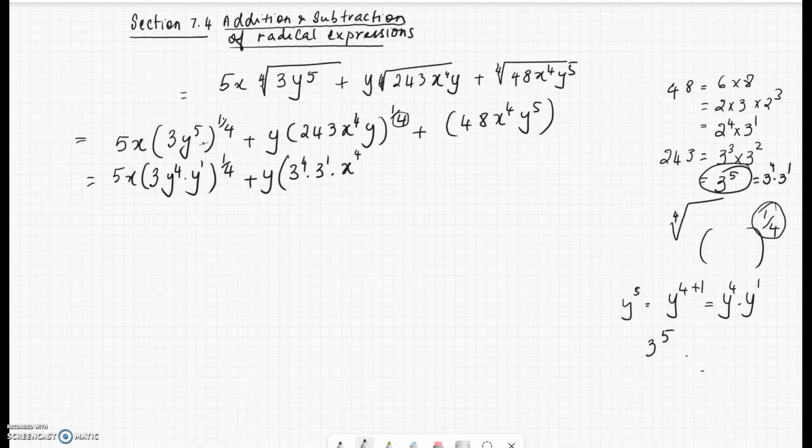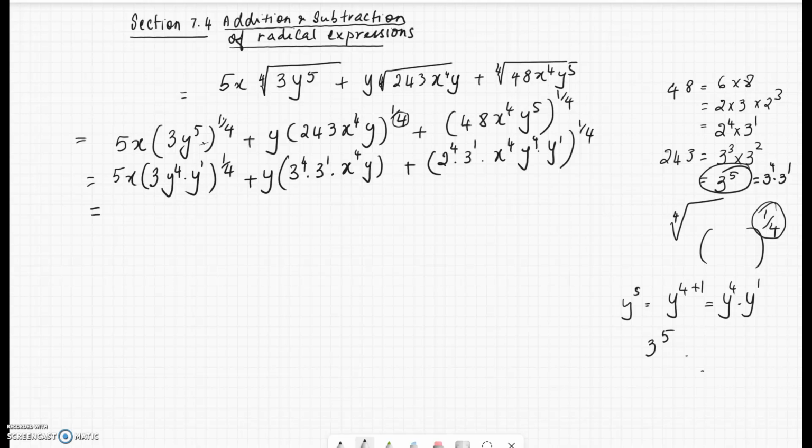And this is x to the 4th y, plus 48, which is 2 to the 4th. Remember, this is whole to the 1/4. 2 to the 4th times 3 to the 1, x to the 4th, y to the 4th times y to the 1, because 5 is 4 plus 1, and that's whole to the 1/4.